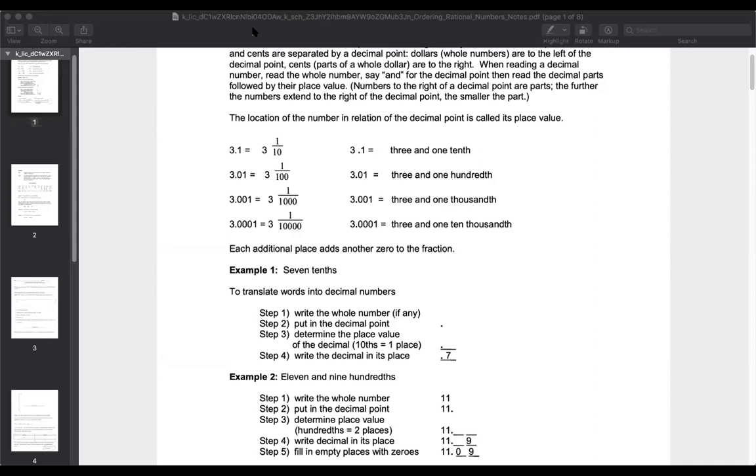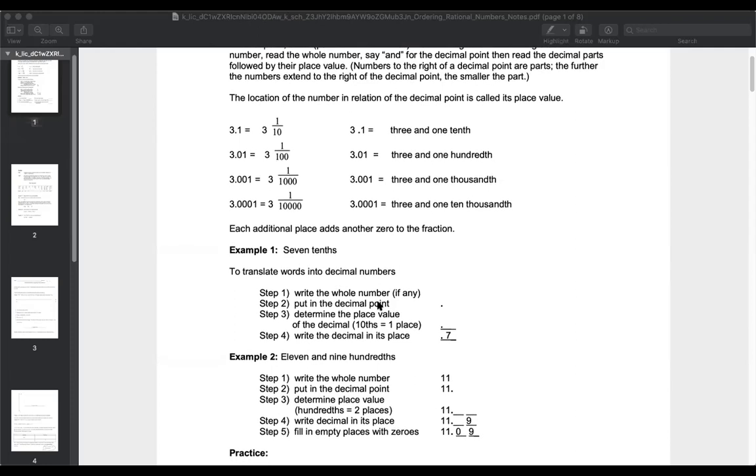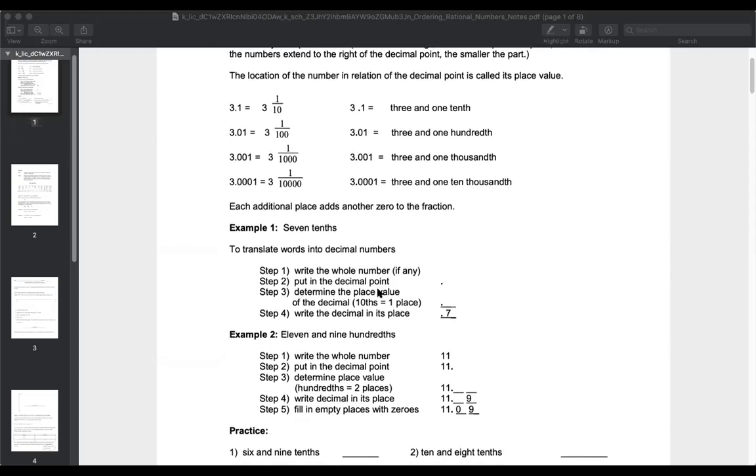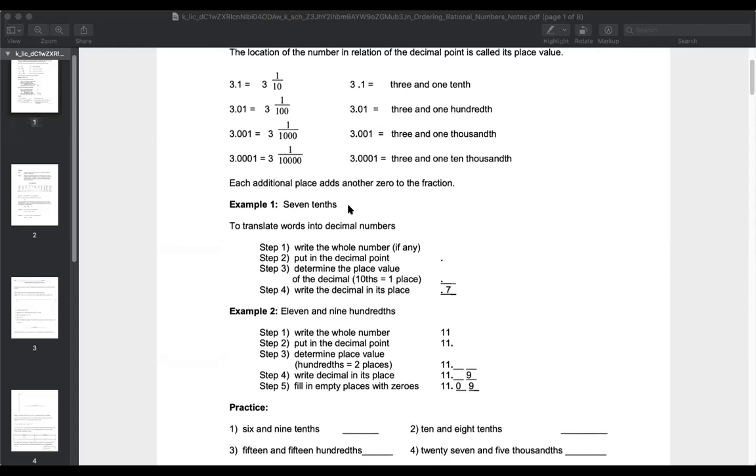So let's do some practice with that idea. In this example, my example is 7/10. To turn 7/10, this word, into a decimal, these are the steps I would take.